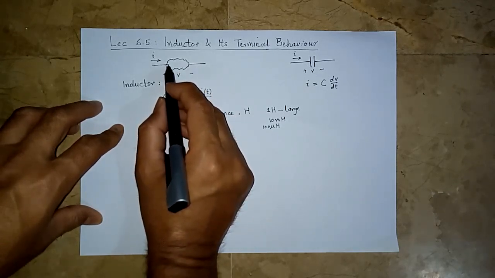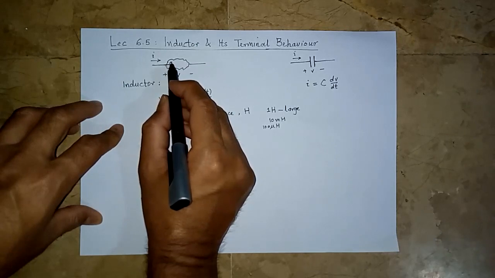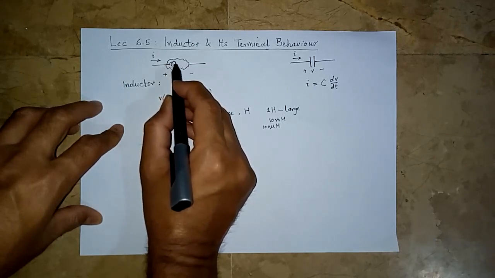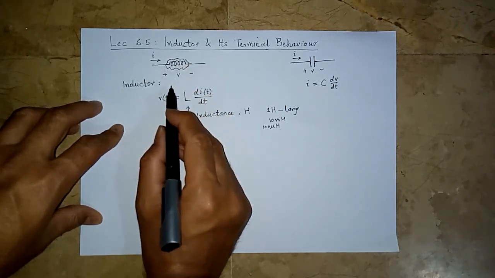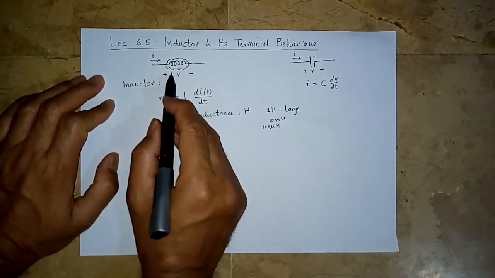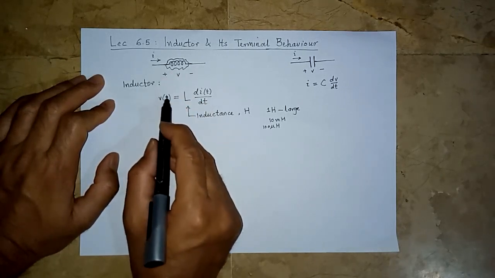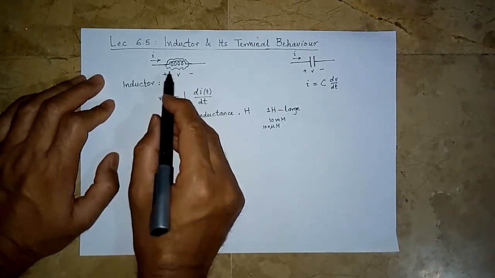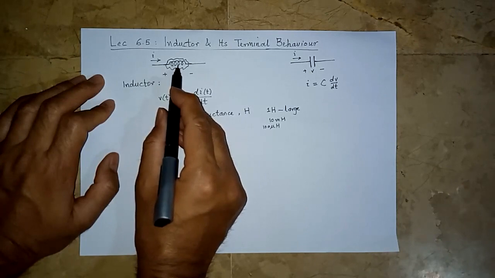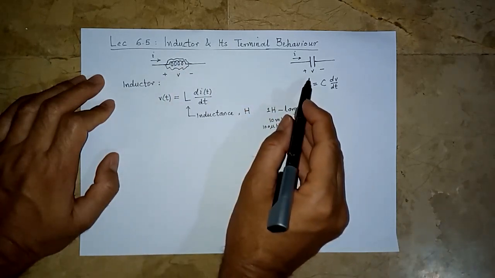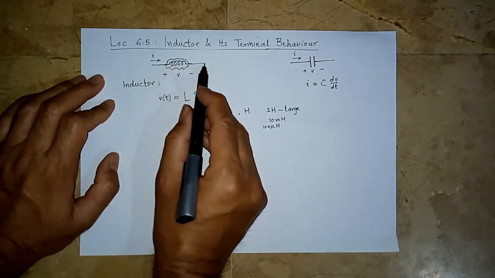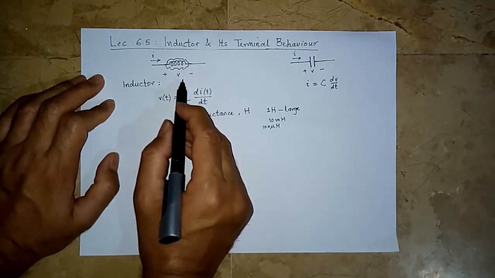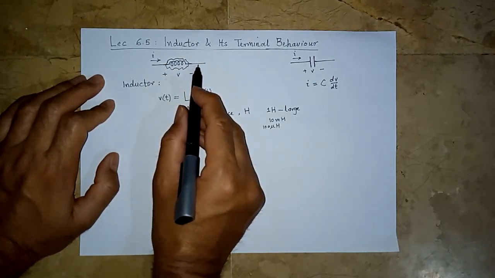The inductor is formed by making a coil of wire. This is the symbol that we use for an inductor. It is a coil of wire, simply a wire, and there is no breakage in here like in the case of a capacitor.